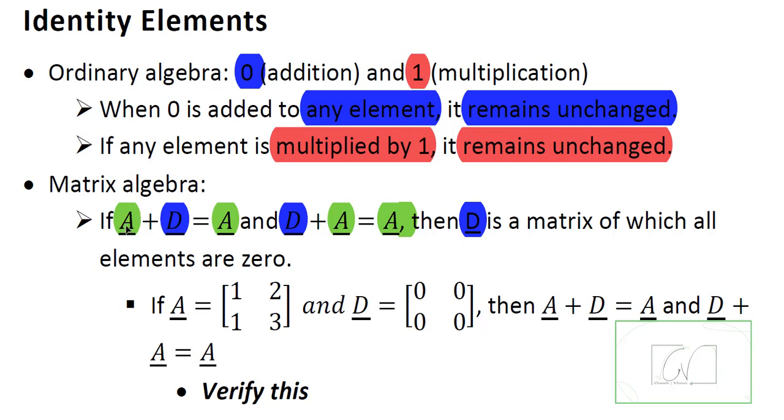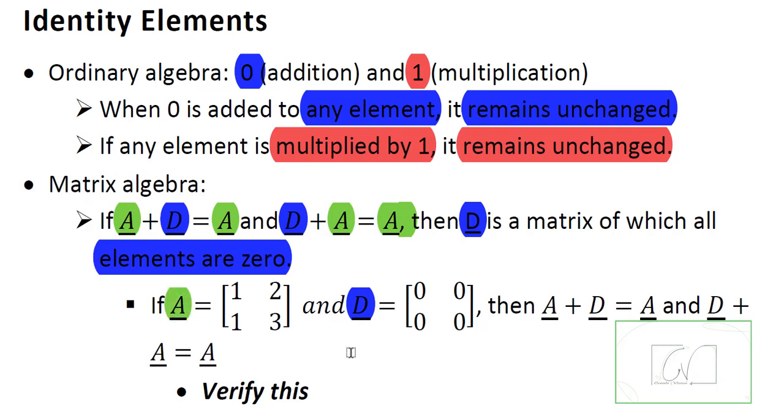So if you were to add matrix A to D, matrix A will remain unchanged. As you can see, whether D comes first or D comes second, they will both satisfy the condition that I have added a zero matrix and it has remained unchanged. All the elements in my D matrix are 0 and it has remained unchanged.